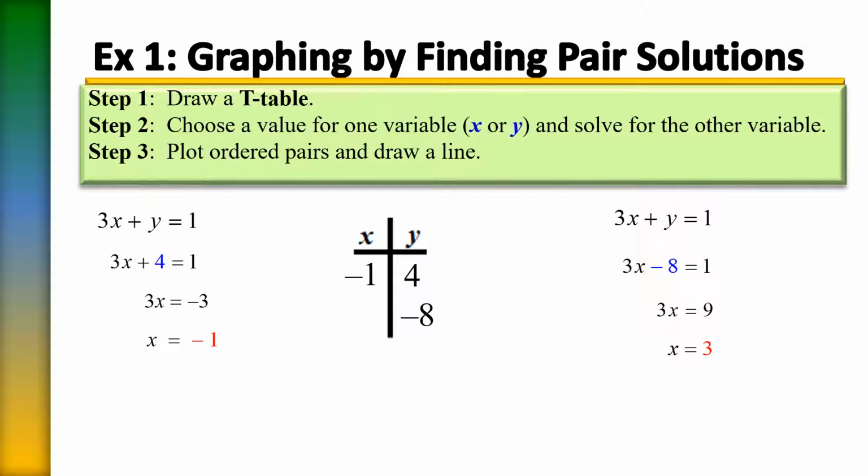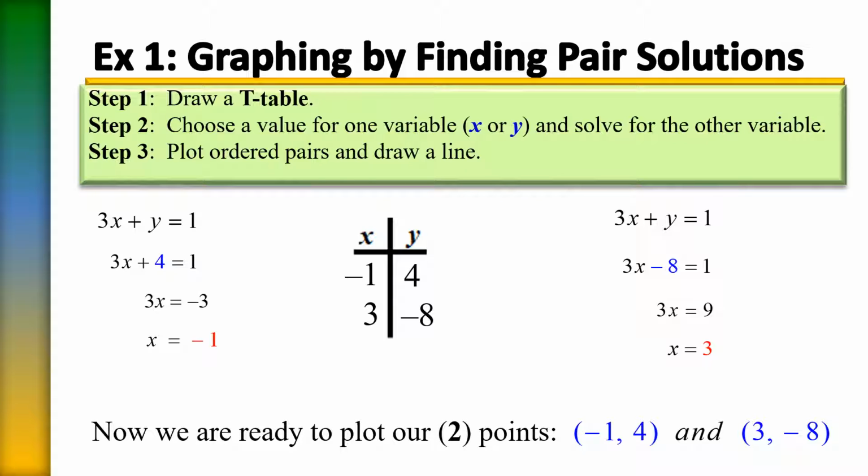So that means when I plug in a -8 for y, what I get out for x is a 3. So now we have our 2 points and we're ready to plot. So let's go ahead and plot these points on the coordinate plane.